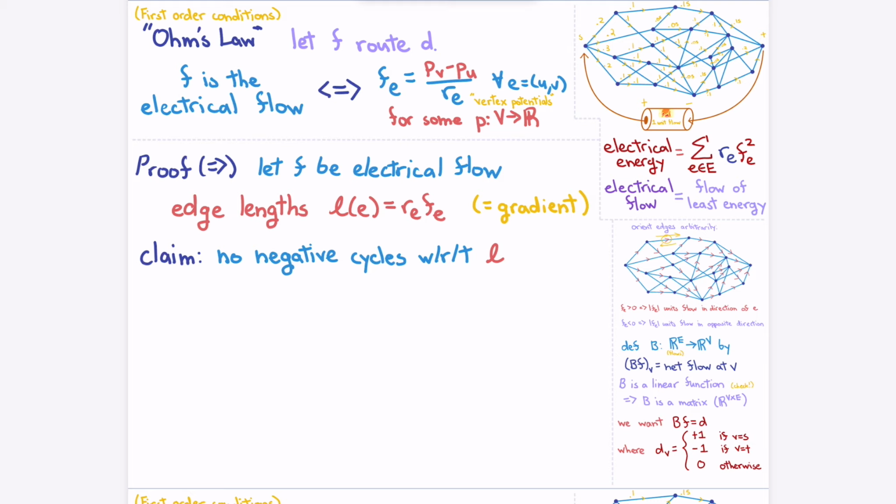So in a cycle, what goes in is what goes out. The potentials don't exist yet. We're trying to show that potentials exist. We're on the left, and we're trying to get to the right. But hold the thought for the other direction.